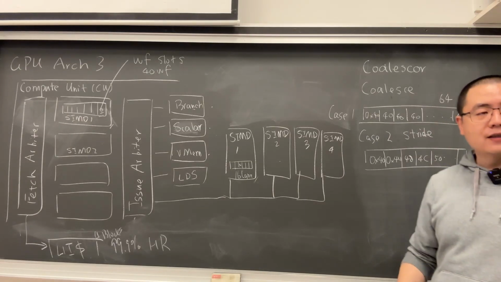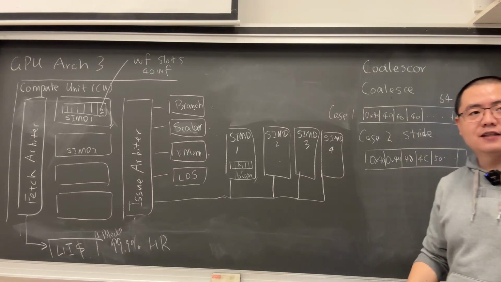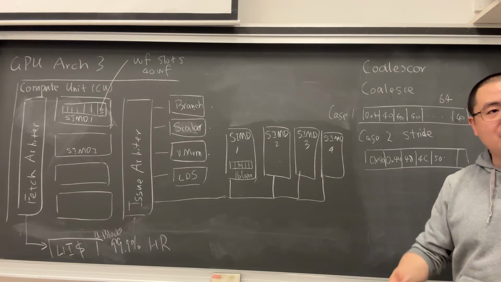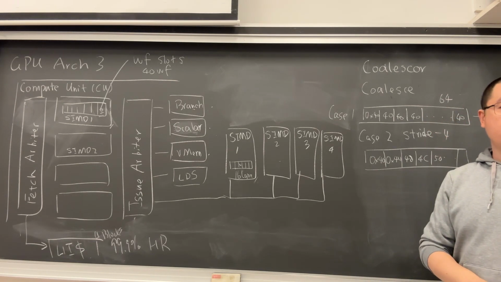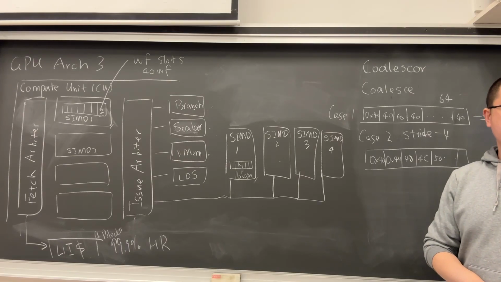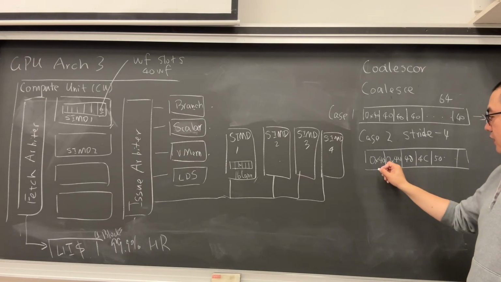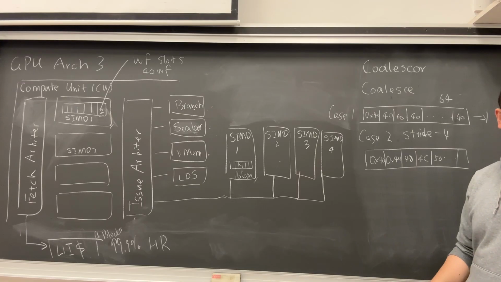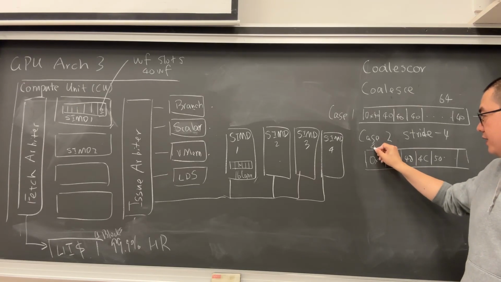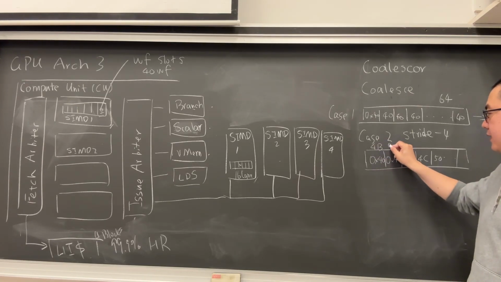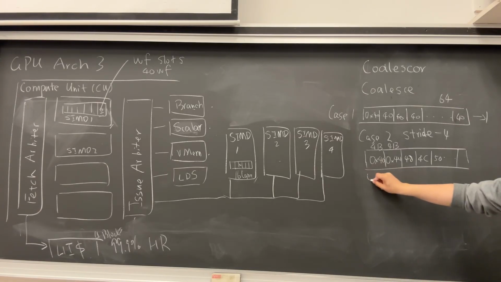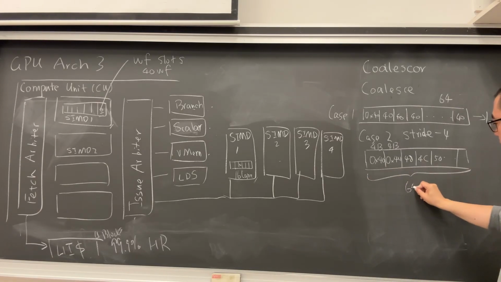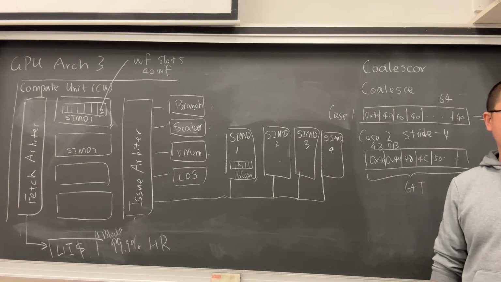It's like walking. How large is your stride, right? Is it 4 bytes or 8 bytes or 16 bytes? This is the stride. Now our stride is 4 in this case. Then we also need to know how many bytes each thread wants to read. In this case, it's very likely to be 4 bytes in each thread. Okay? So there are 64 of them. So how many bytes are we reading?